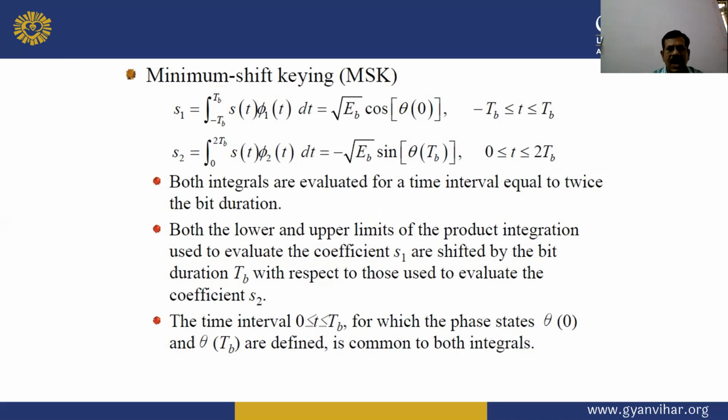So both integrals are evaluated for a time interval equal to twice the bit duration. Both the lower and upper limits of the product integration used to evaluate the coefficient s1 are shifted by the bit duration TB with respect to those used to evaluate the coefficient s2. The time interval t between 0 and TB, for which the phase states theta 0 and theta TB are defined, is common to both integrals.